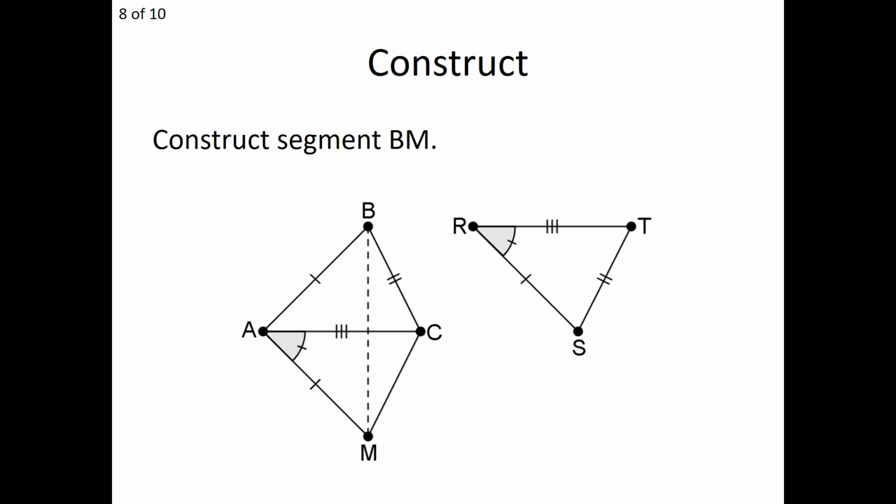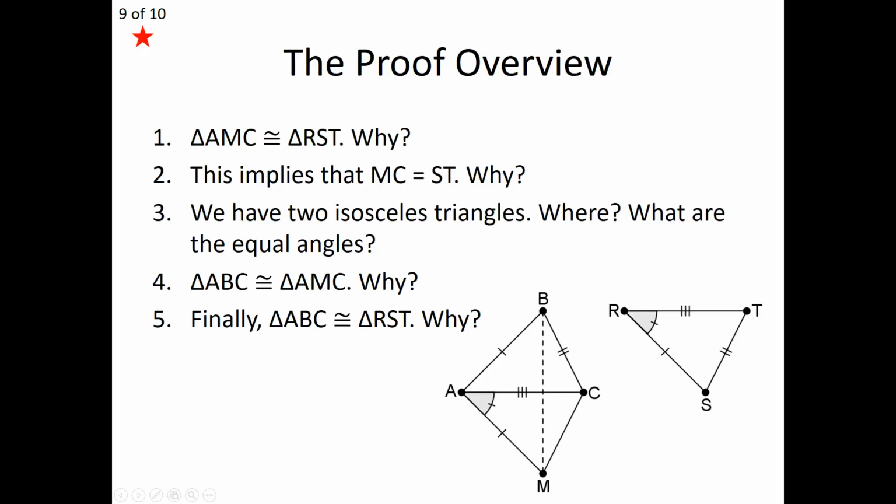So now this is the end of our construction phase. It's now set to move into our proof phase of how I can reach the conclusion that triangle ABC is congruent to triangle RST. Now this is a proof overview. This is actually not the entire proof. This is merely going to give you an idea of where the proof goes.